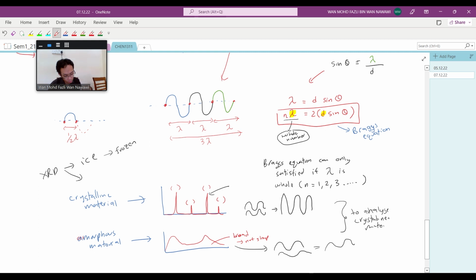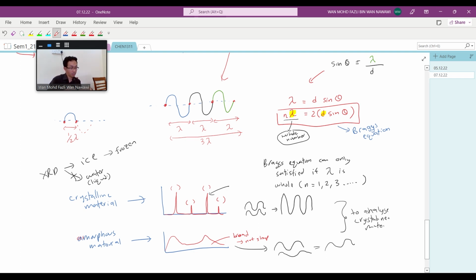But you cannot do XRD for water or any liquid, because XRD depends on the planes and on finding the d-spacing and so on. In order to understand the liquid, you need to freeze it first.